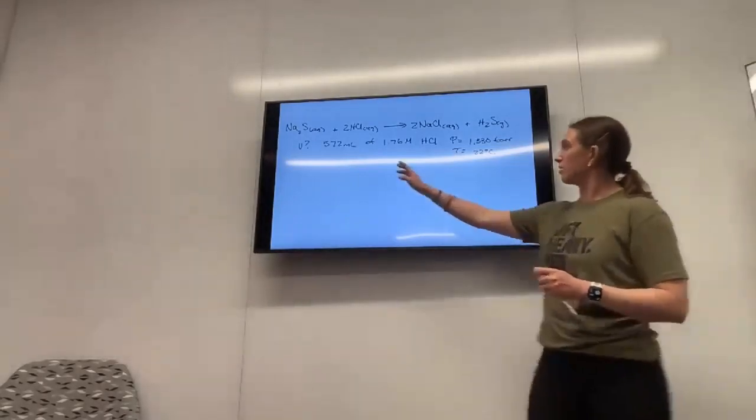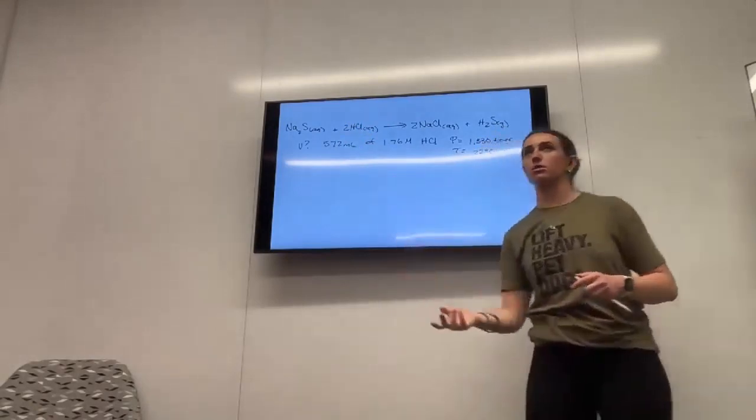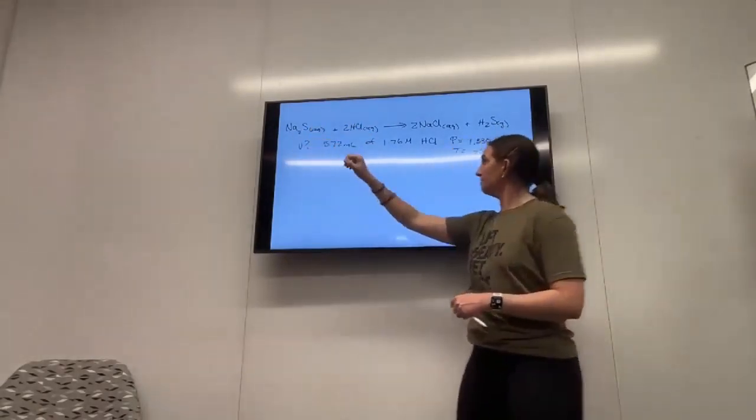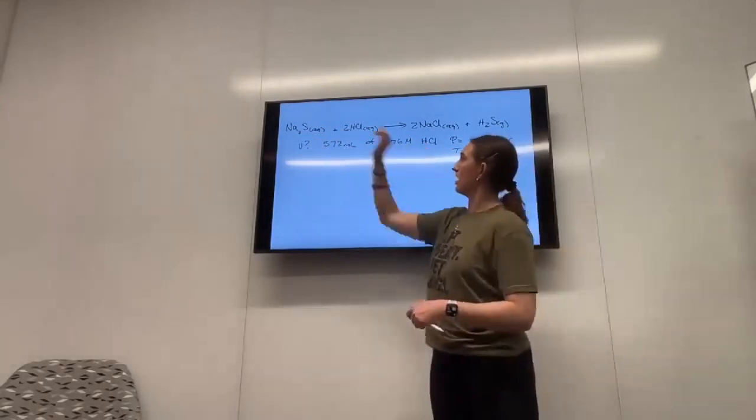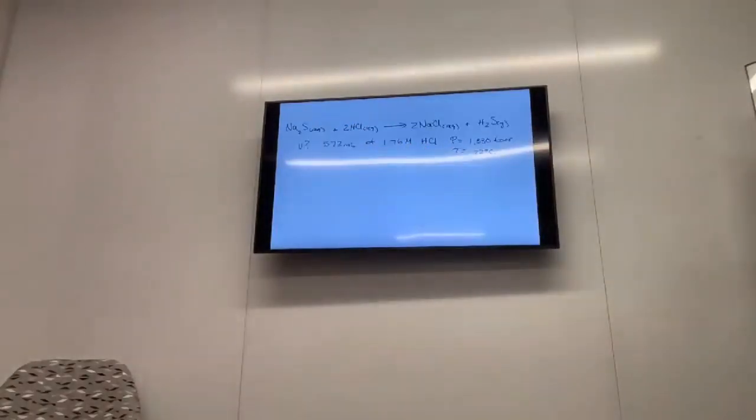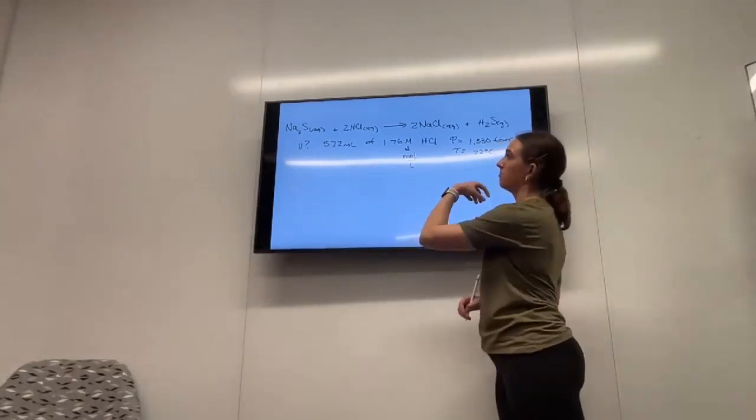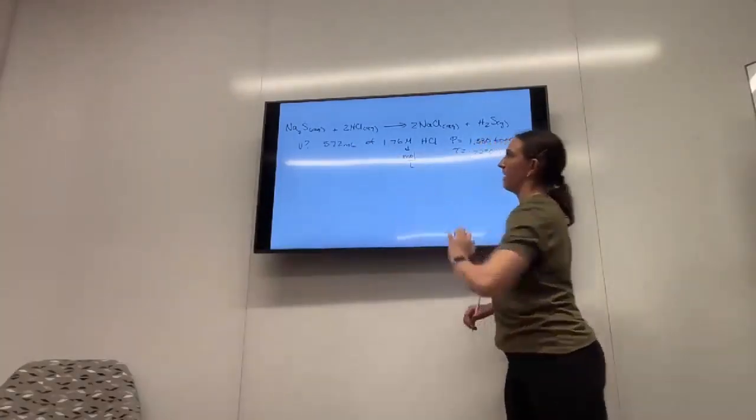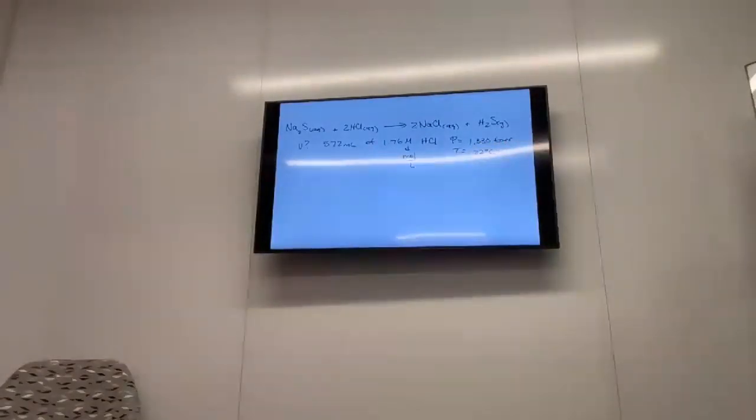When we look at this HCl, we know that this is going to be our limiting reagent because we have excess sodium sulfide. So in order to find moles, we're going to use our concentration and our milliliters. Molarity is always going to be in moles over liter, so we need to make sure that we change our milliliters to liters. Like we said, we're going to have 0.572 for our volume here. So to find moles, 1.76 moles per liter is equal to X over 0.572 liters.